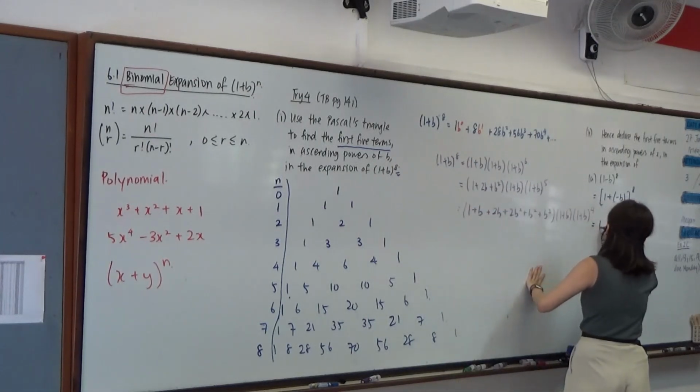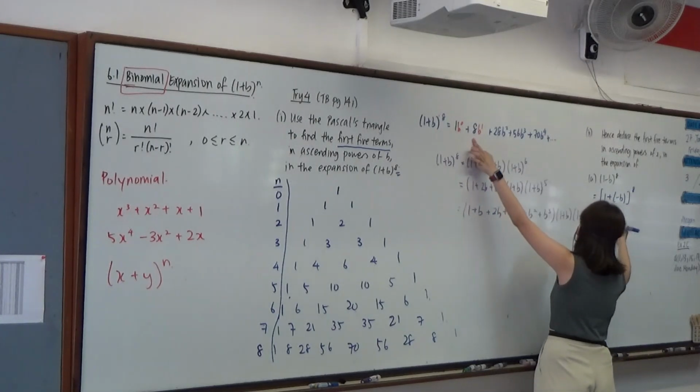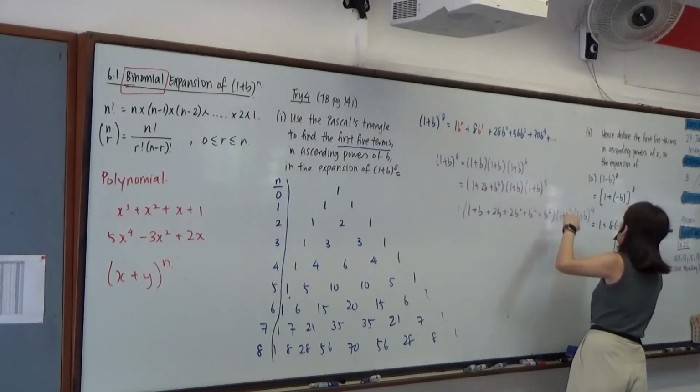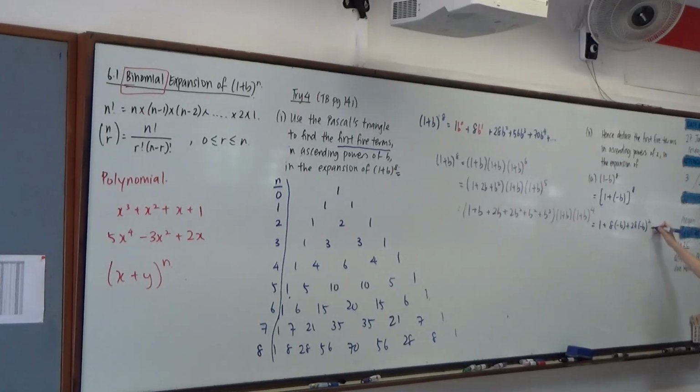So we start off with 1 plus 8 negative b plus 28 negative b squared plus 56 negative b cubed, and then plus 70 negative b to the power of 4. That will be the first 5 terms by making use of your answer in part I.